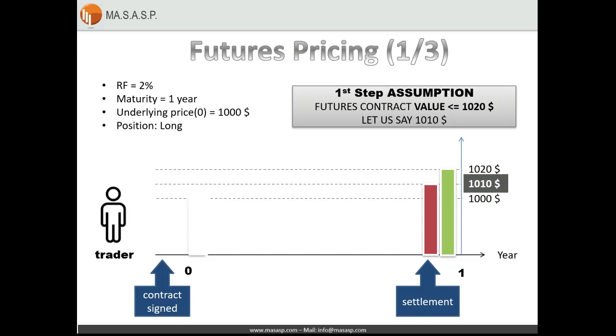Well, this course of action gives the trader a free meal of $10. It is as if he had invented a money machine. That, of course, is not possible. Thus, the futures contract price must be different from what we have assumed.